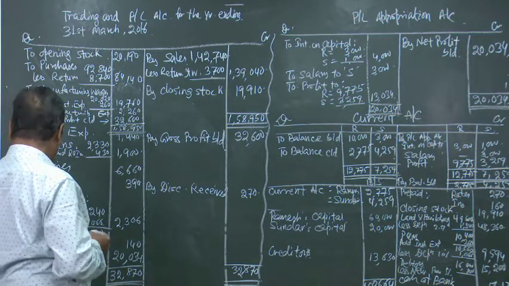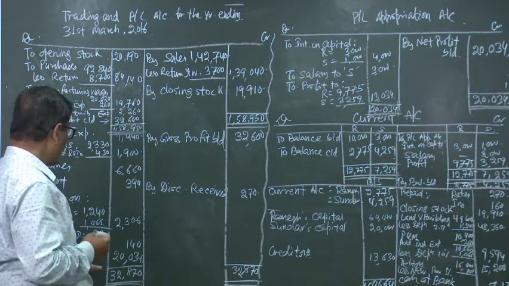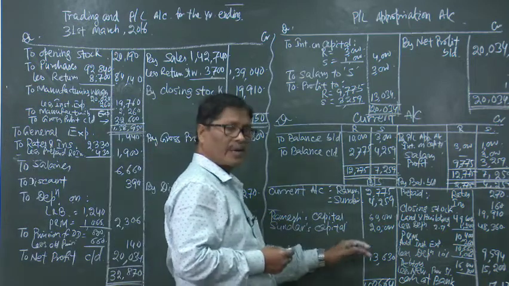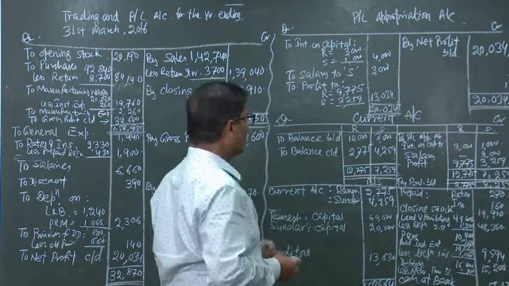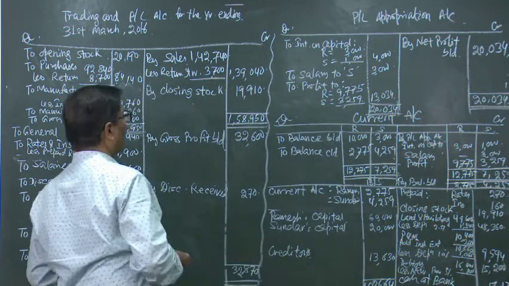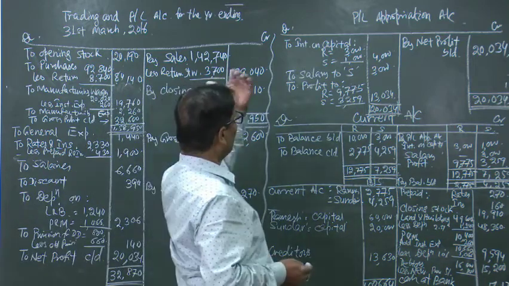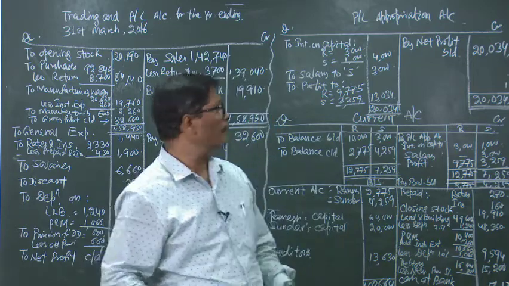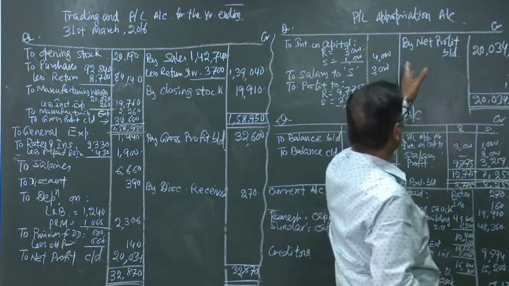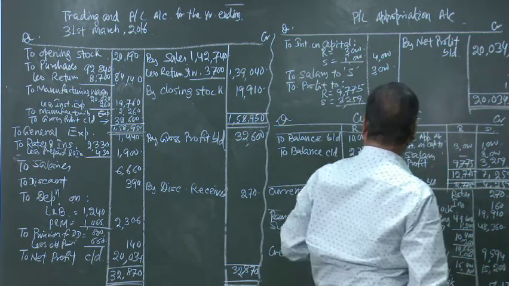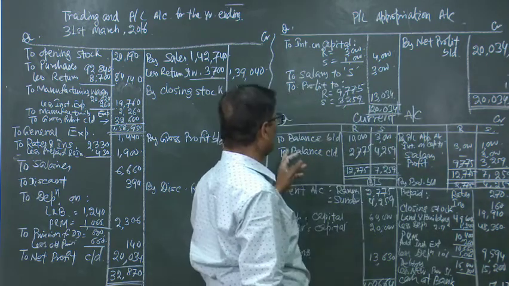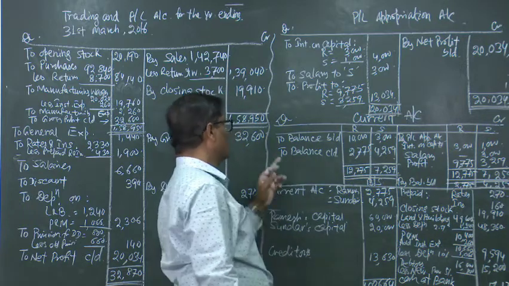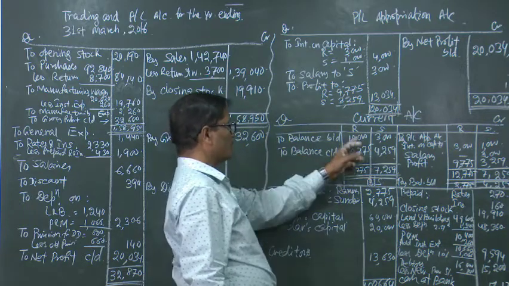So, we were writing net profit transferred to capital account and then adding it directly to their capital account in the balance sheet. But here the change is, whatever profits, that is interest on capital, interest on drawings, if interest on drawings would have been there, we would have recorded here. Even the drawings amount would have been deducted or can be written here in the debit side of the current account, to drawings such and such.